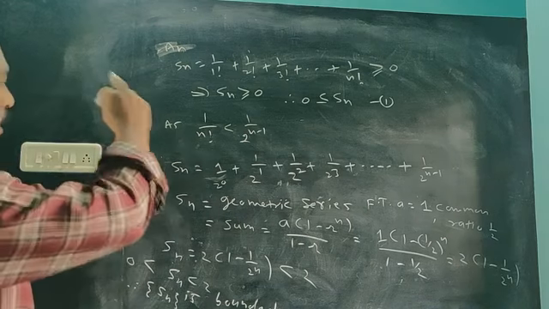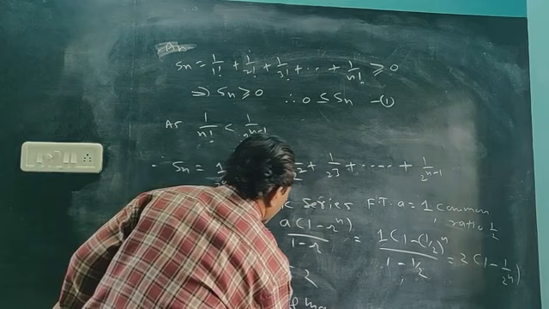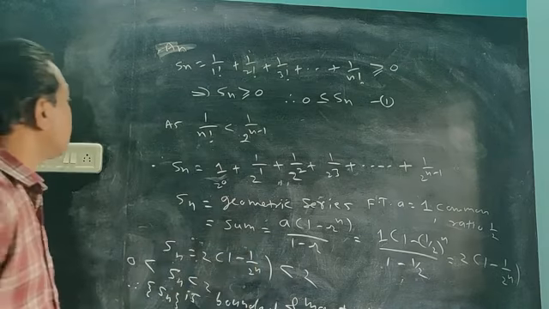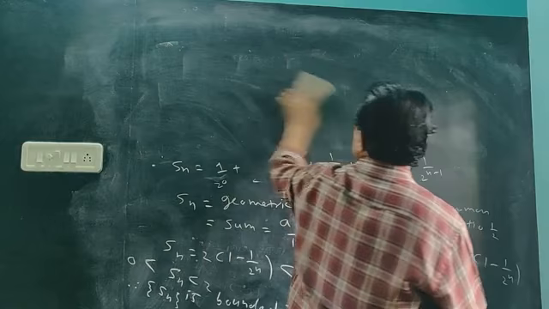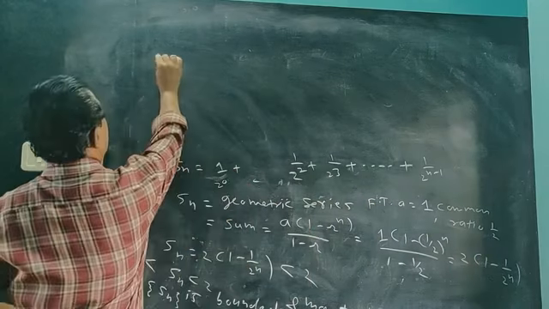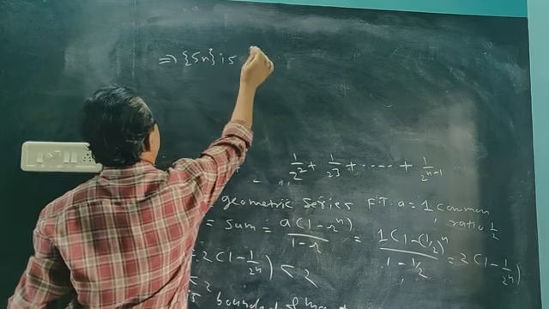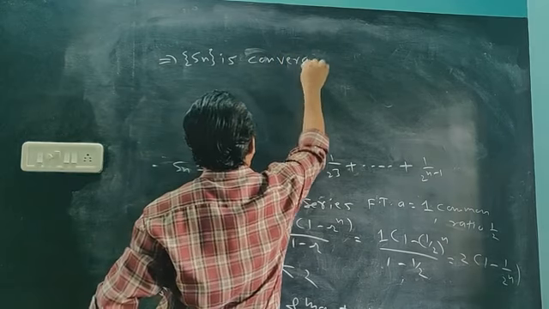Already bounded and monotonic, that means by a theorem it will be convergent. So this sequence Sn is convergent.